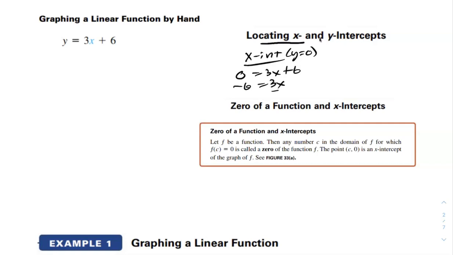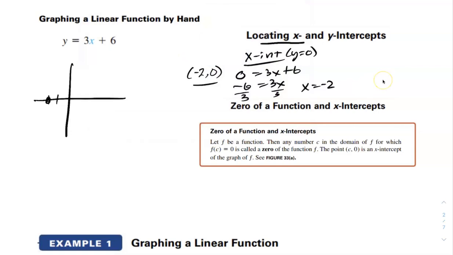Divide by 3, and I get x equals -2. Now remember, it is an intercept, so it should be a point. My point is (-2, 0). That's my x-intercept. If I was going to graph this, I'd go to -2 and 0 right there.